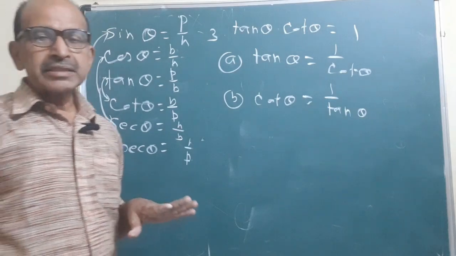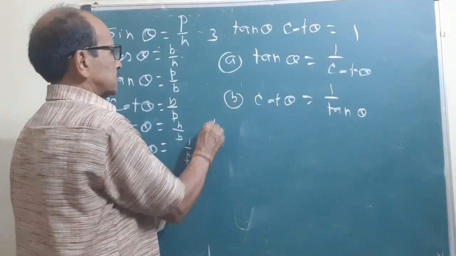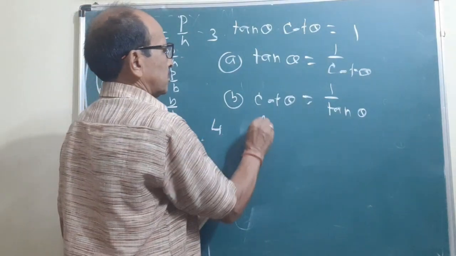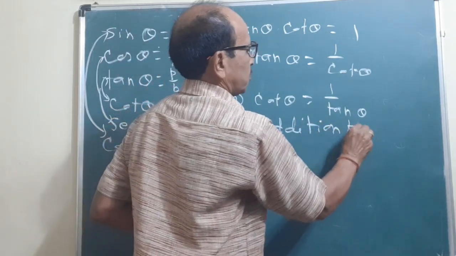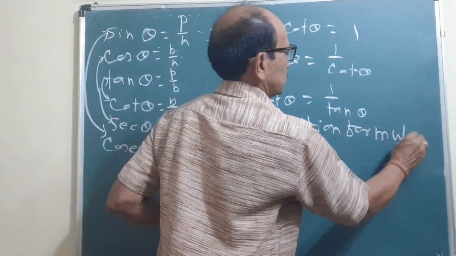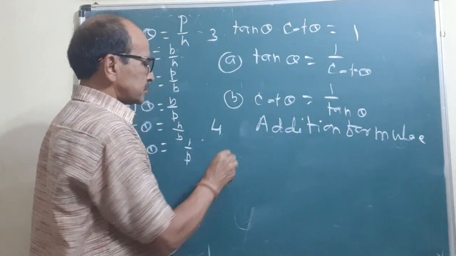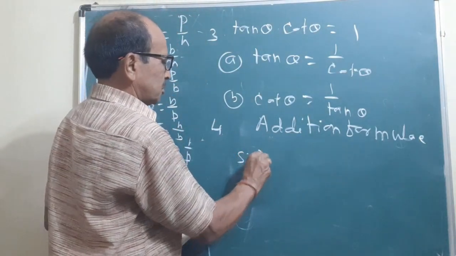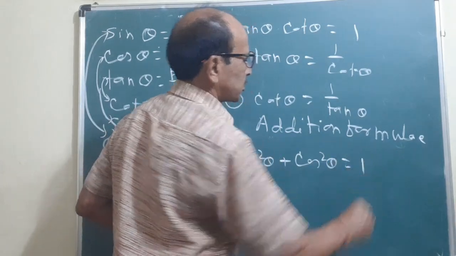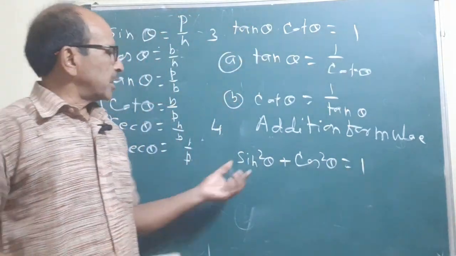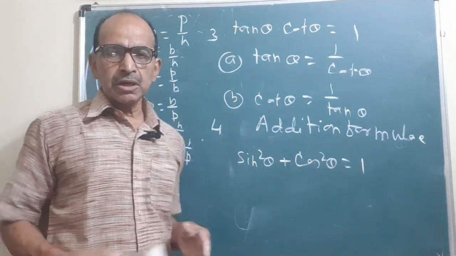Now there are 3 addition formulas. Sin square theta plus cos square theta is equal to 1.